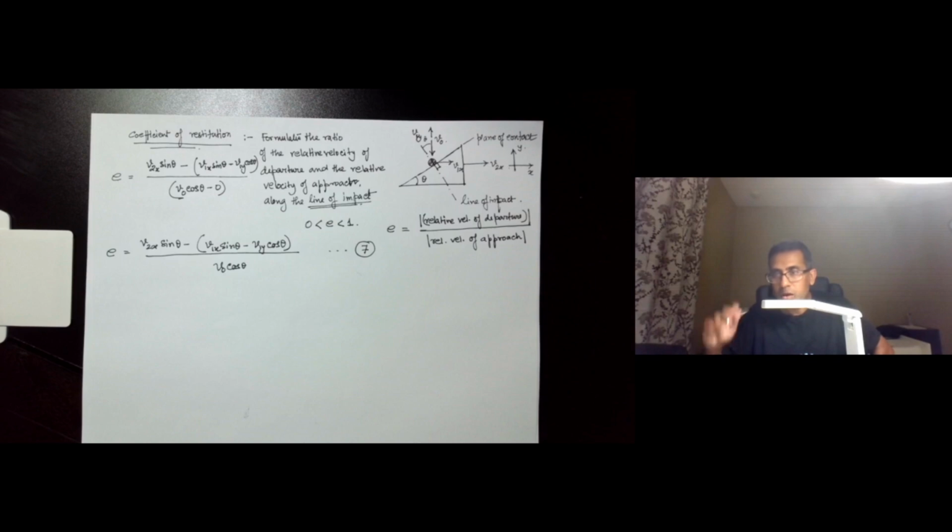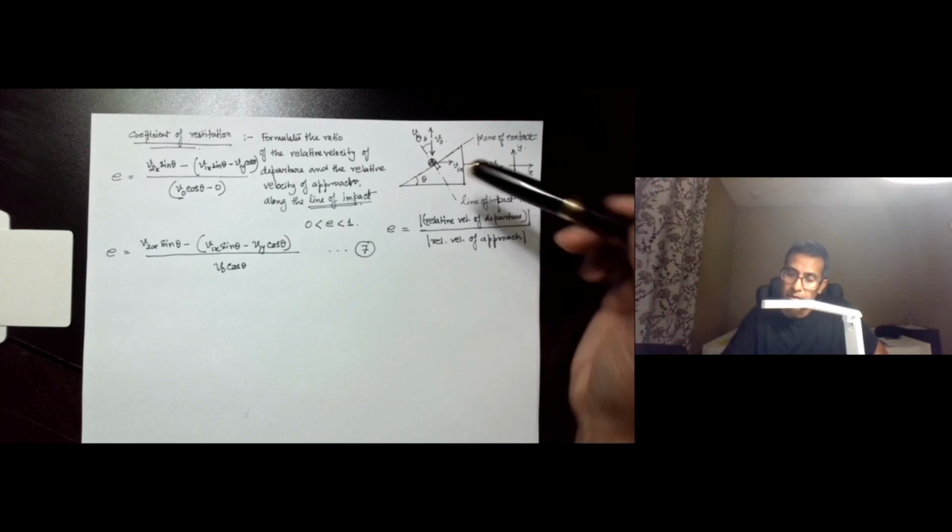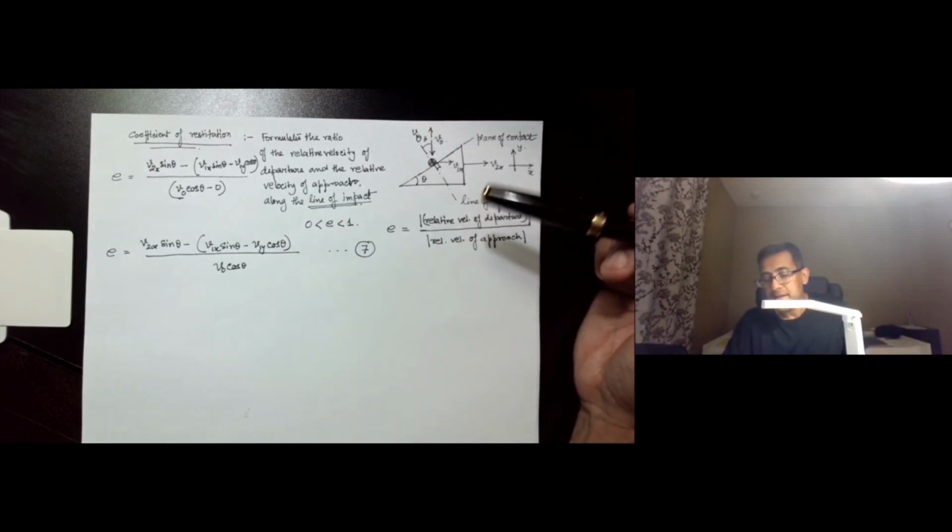Now, we can do some quick analysis to see what happens if we apply the coefficient of restitution equation, for instance, along the x-axis. We know that we should not do that. The coefficient of restitution equation must be written only along the line of impact. But say we ask the question, what would have happened if we applied it along the x-axis? Then along the x-axis, this particle, which is falling on the incline, does not have any velocity.